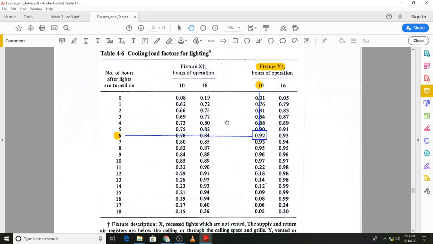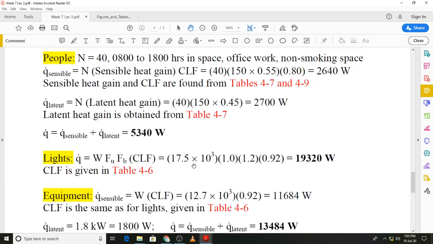So we will go back and find out the resultant cooling load, which comes out to be 19,320 watts. The equipment load is sensible, and in this problem we are told that there is also a latent load.